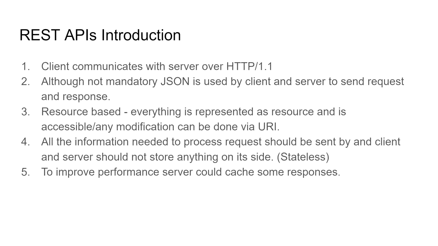To give you an introduction to REST API, as we know, client and server communicate with each other, and that communication protocol is HTTP 1.1, which is an application layer network protocol. Using HTTP 1.1, the client sends a request to the server, and using the same HTTP 1.1, the server sends the response back to the client.